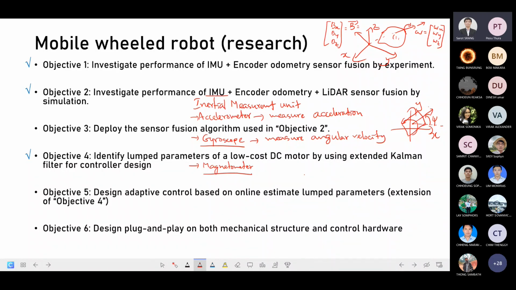So for example, X global points to the north. Y can be east, for example. If this is Y, then Z should be like this.